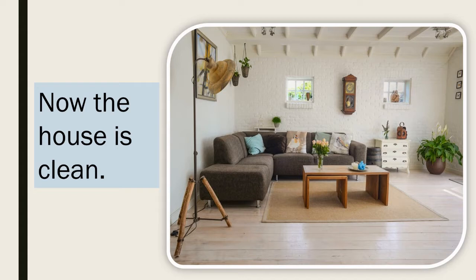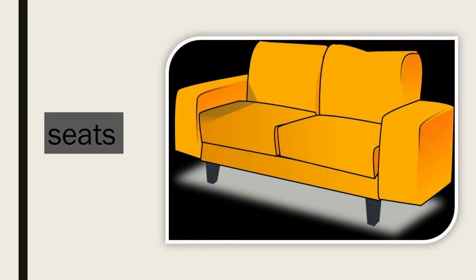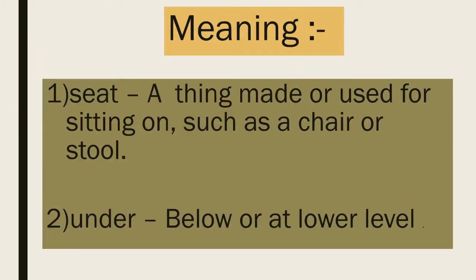Let's see the new words of this story. Here is the new word. Seats. Repeat, seats. Here you can see the picture of seats. Yes. Now, let's see the meanings of these words from the story.